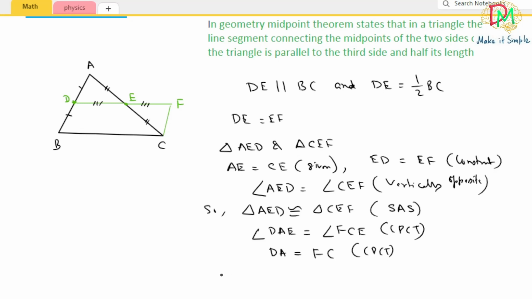So we can say that DB is equal to DA is equal to FC, and angle DAE is equal to angle FCE, meaning these two angles are equal.